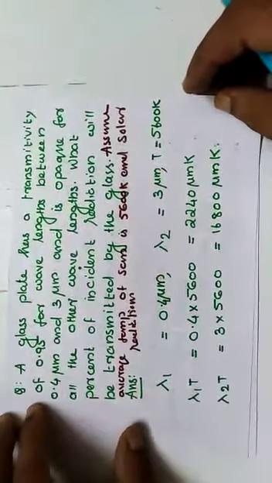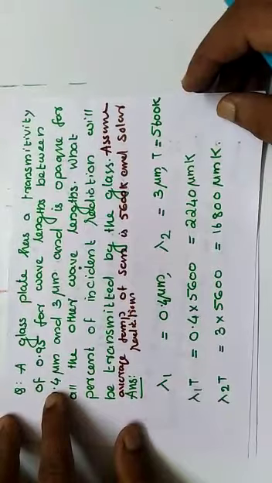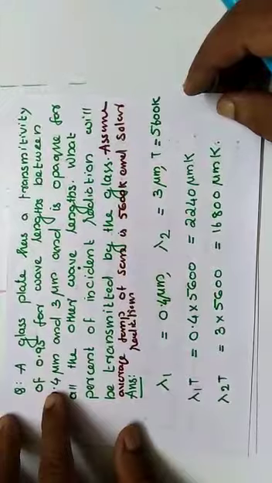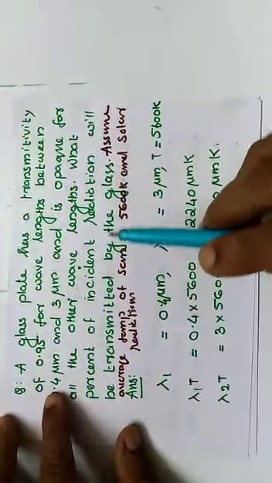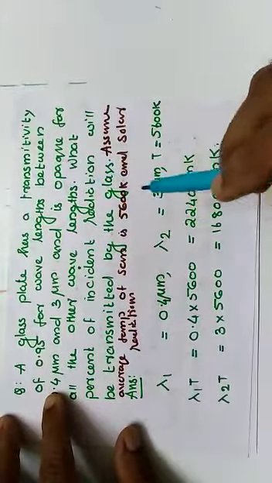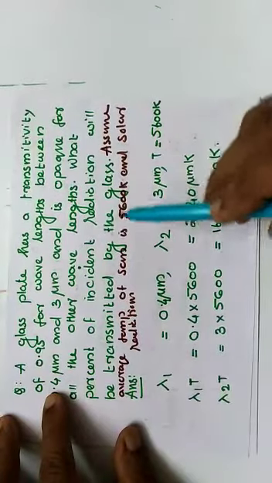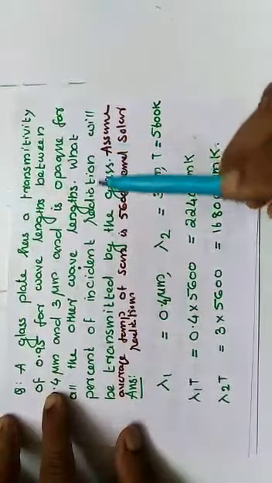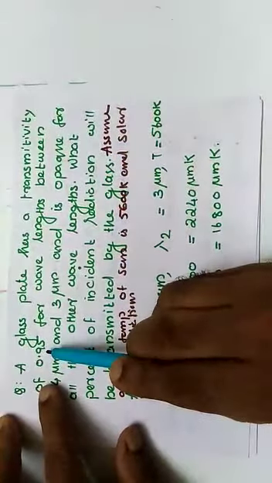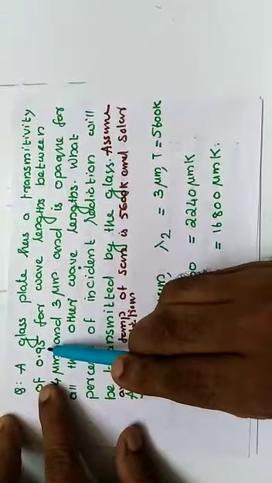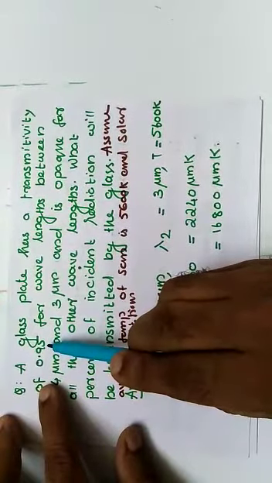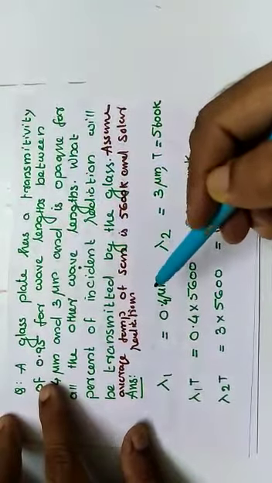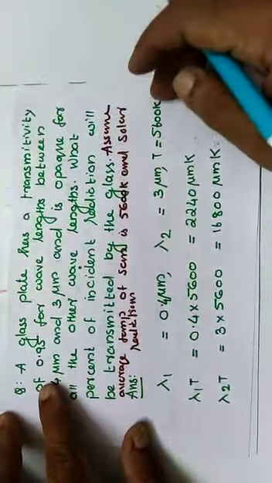Here solar radiation falls on a glass plate. Its transmittivity is only 0.95. In the previous problem the transmittivity was 1 and the entire radiation that lies between a particular wavelength band will pass through. But here only 95 percent, or 0.95 times, of the particular emissive power will transmit through the glass plate.